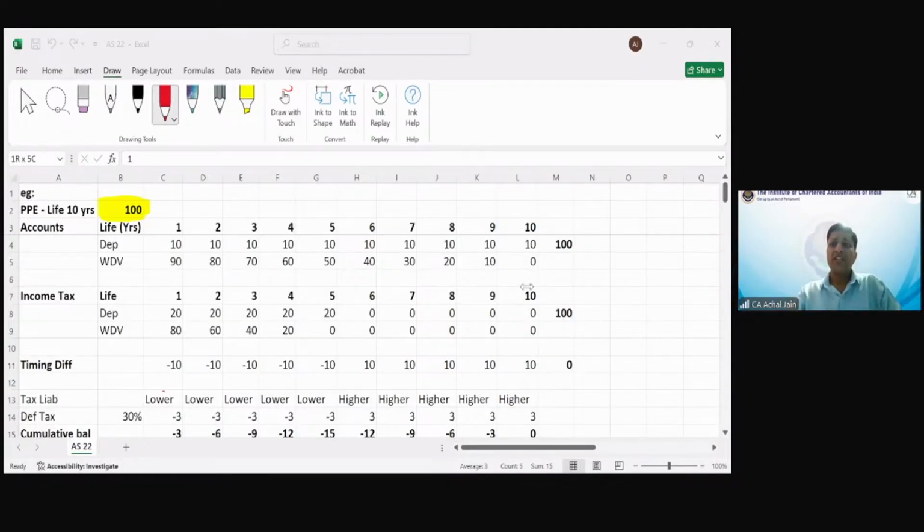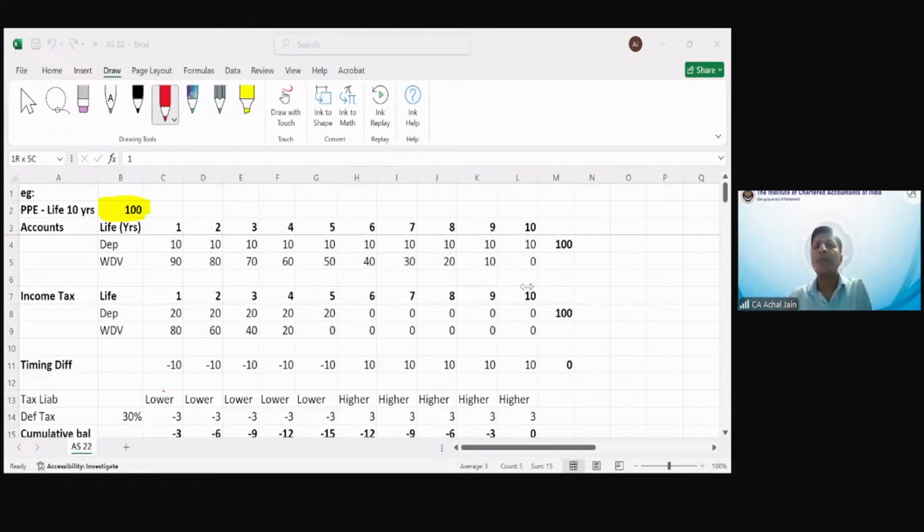20. Tanisha, Somya, Chirandeep, they are saying 20. Block-wise, all of these complications I have not included, Chirandeep. I'm not looking at block-wise, at WDV, or at closing balances. I'm just trying to keep it simple. I'm just saying that there is a difference in the method of calculation of depreciation and a difference in the rate.